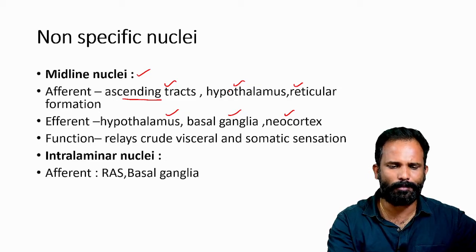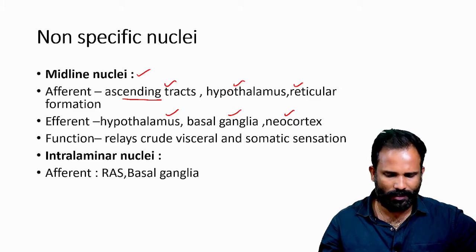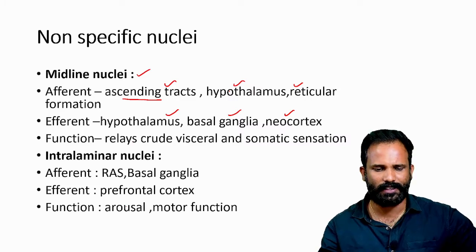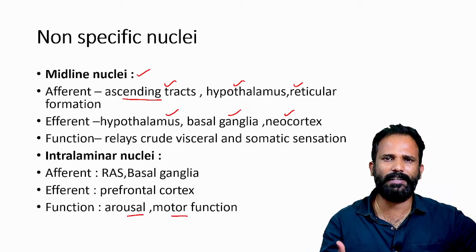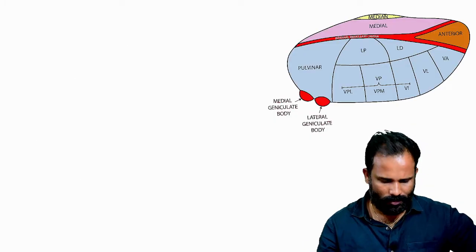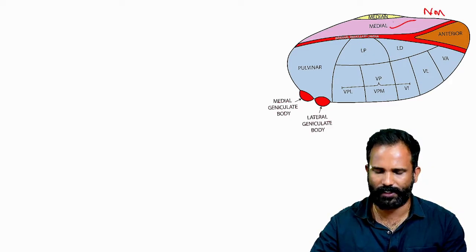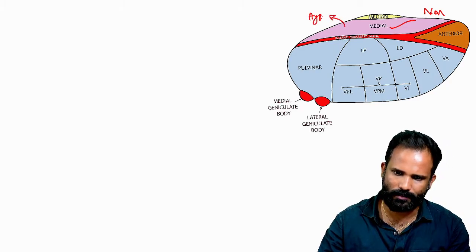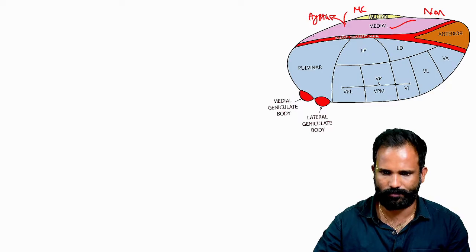Coming to the intralaminar nuclei, afferent is from reticular activating system and basal ganglia, and efferent is to the prefrontal cortex and is concerned with arousal as well as motor function. So awakening is by the intralaminar nuclei. So we are talking about this medial group which is non-specific, and they are giving the information to hypothalamus and basal ganglia and also to motor cortex, neocortex.